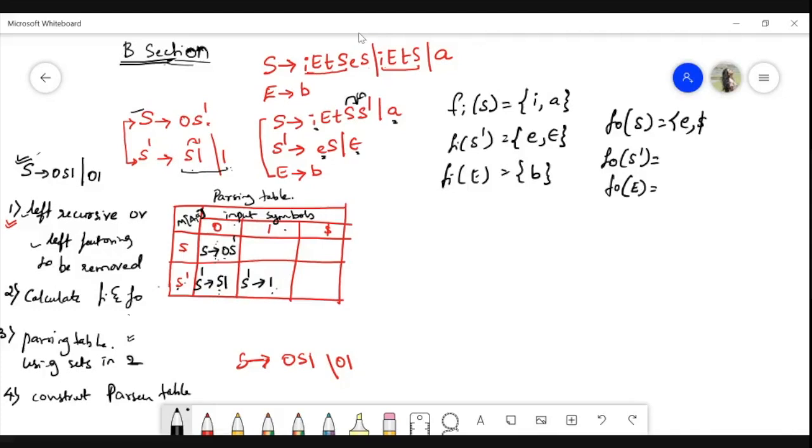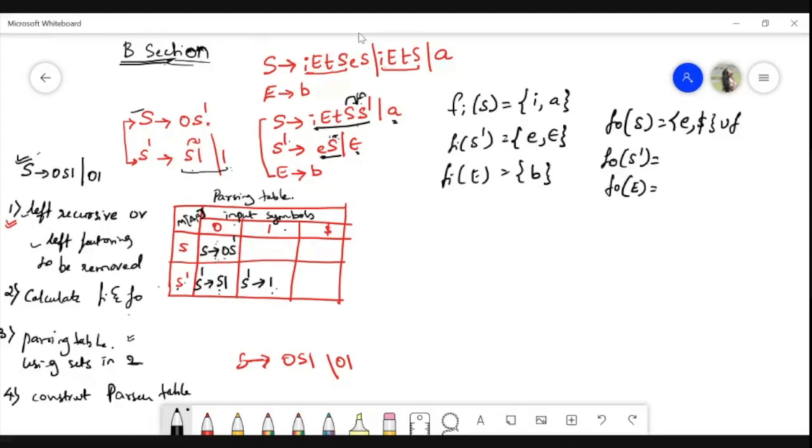Then follow set of S will be follow set of S dash. There are two places where you have S. So follow set of S is first of S dash with respect to this production, and follow set of S is follow of S dash with respect to this production.